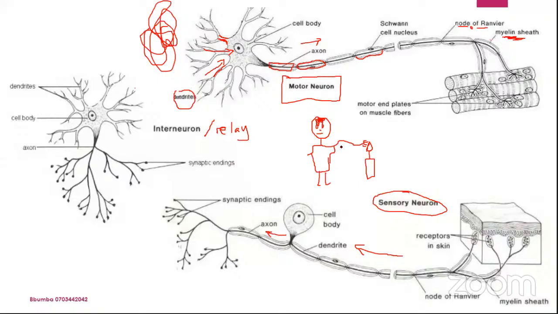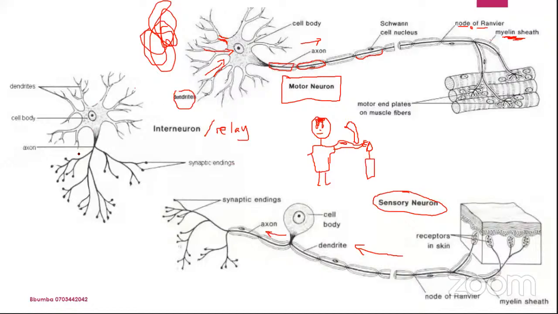Okay, let me draw the hand when it has some flesh. I'm assuming that is the hand, and you have muscles there. So the information comes back and tells this muscle, and then the hand is going to move away like that. You remove it because it is burning. Now, who gives information from the sensory neuron, then within the brain, and then back via the motor neuron?